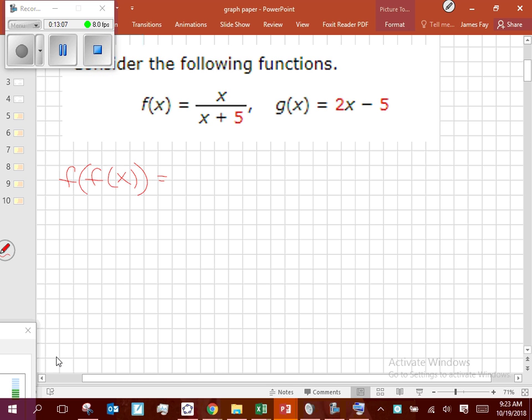Okay, so it's going to get kind of messy. But it's going to be f of x over x plus 5, right? Well, that means that I need to go into f, and everywhere I see x, I need to replace it with x over x plus 5. So the numerator becomes x over x plus 5. So that's that box right there. I need the overall division.